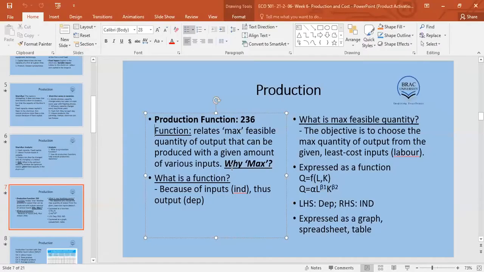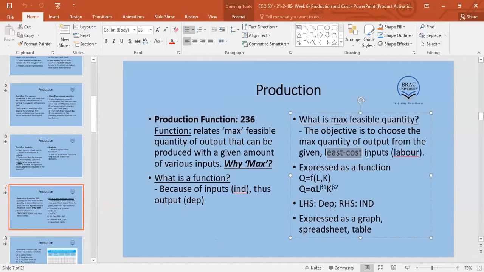Okay. Why max? Why are we emphasizing the word max? Because we can kill mosquitoes using cannonballs, but that won't be efficient, because we'll end up killing ourselves, or destroying our entire building. So we want to find out what is the maximum output from the minimum amount of inputs.